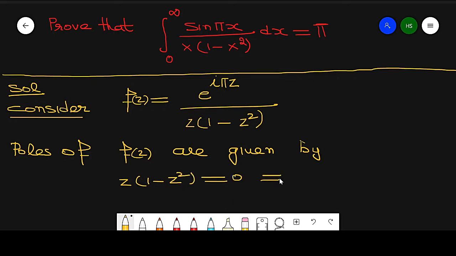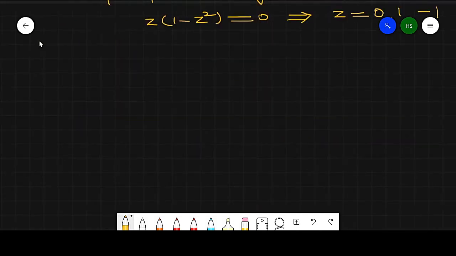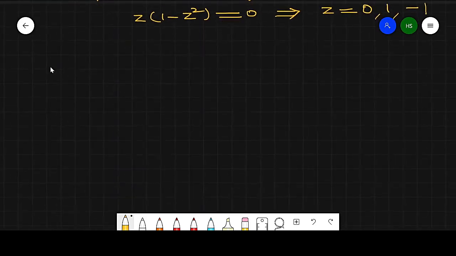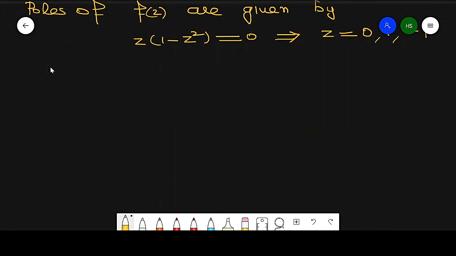So it implies z equals 0, 1 and minus 1. All of these are simple poles, and they lie on the real line. It means I would like to remove these singularities by taking a semicircle.